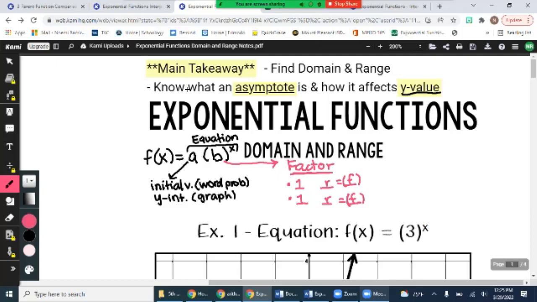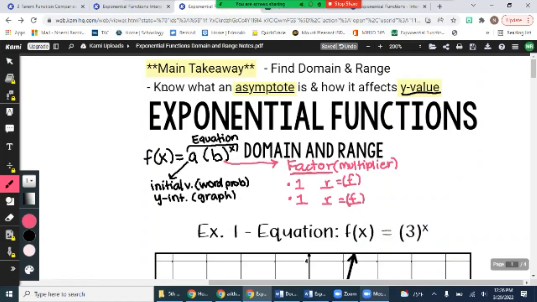You take that 4 and multiply it by 2 again. So you're multiplying by 2 every single time. If you look at this equation, we're multiplying by 3 every single time to get to the next value. So the factor is also known as your multiplier. What number are you multiplying to get to the next value?